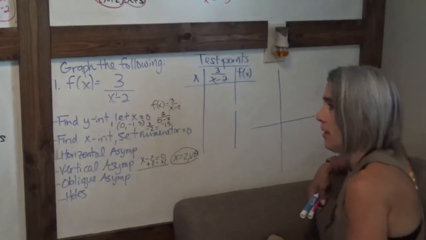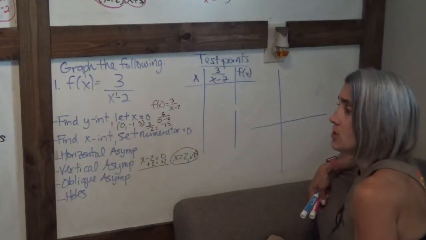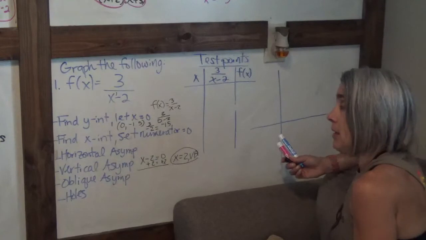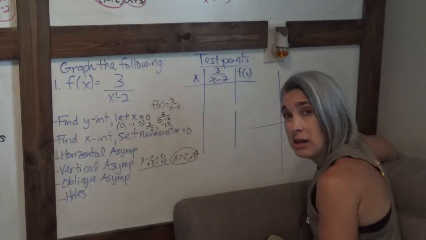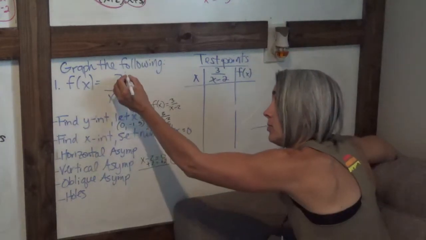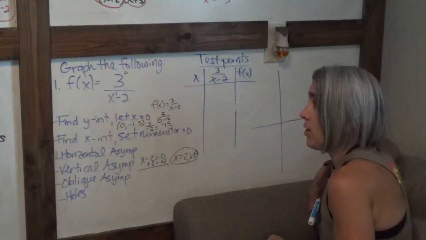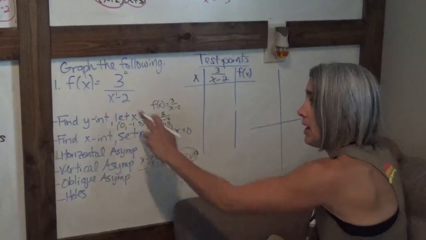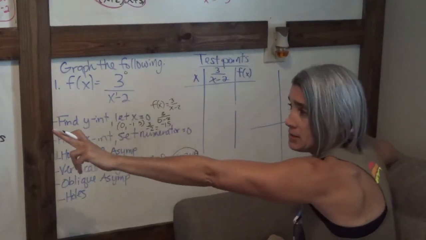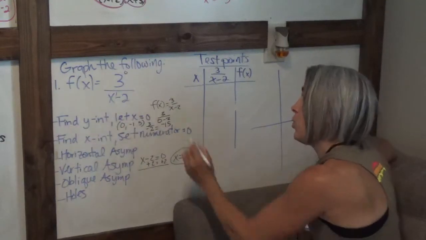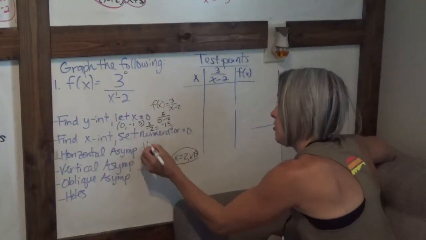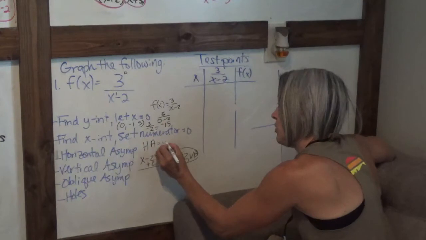It's 1. What is the degree of the numerator on top? I don't know if you remember what the degree of an integer is. If the denominator has a bigger degree, that means it is y equals 0. So the horizontal asymptote is y equals 0.